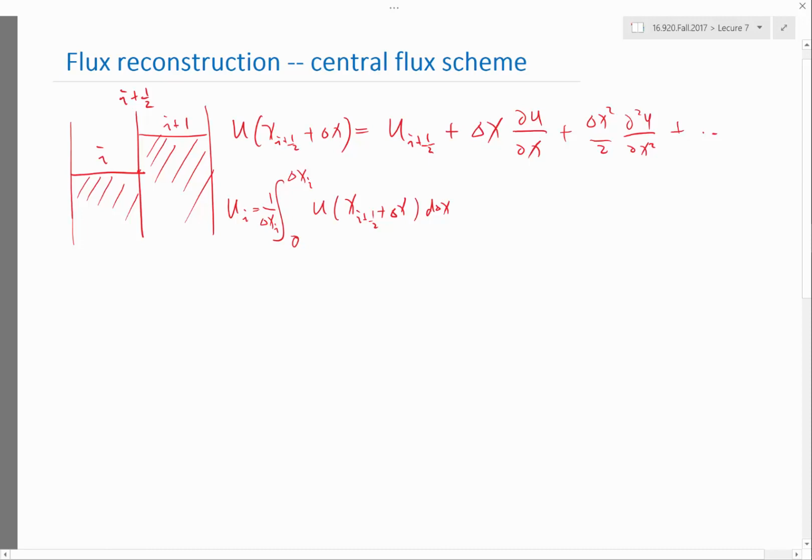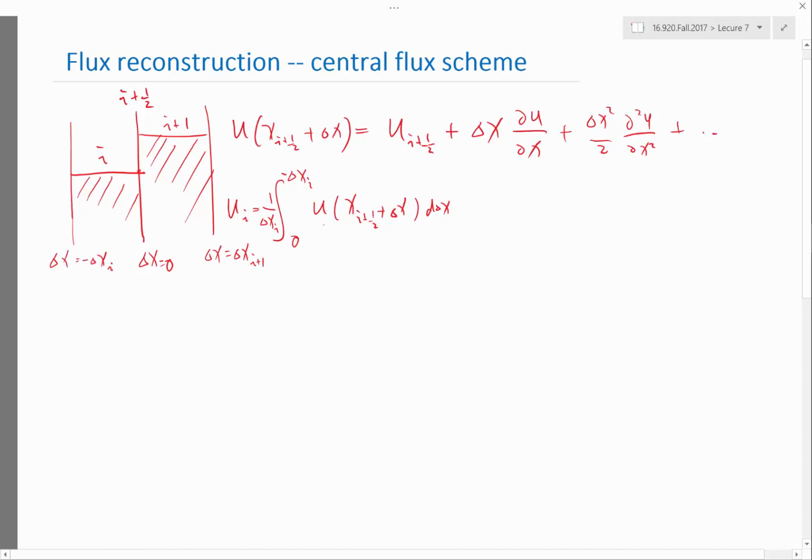Does it make sense? I'm integrating u over a delta x. Oh, ui should be integrating over minus. So here is delta x equal to delta x I plus 1. Here is delta x equal to minus delta xi, right?